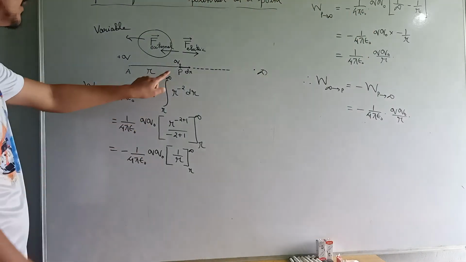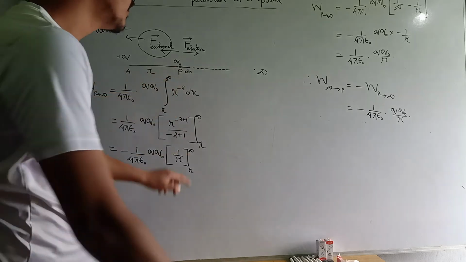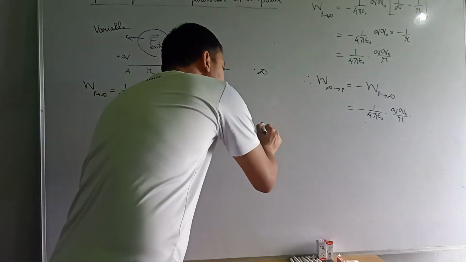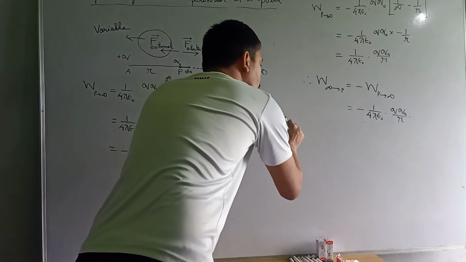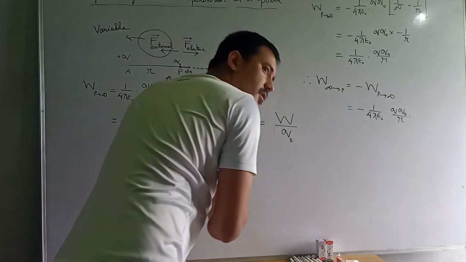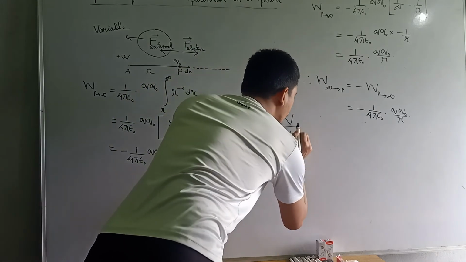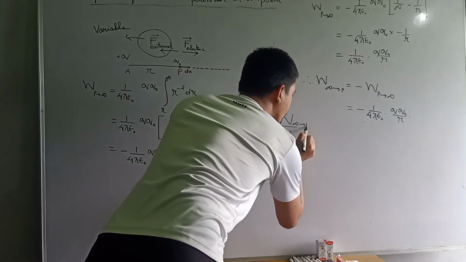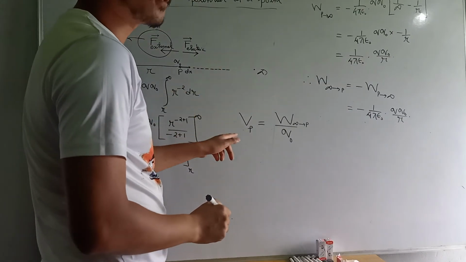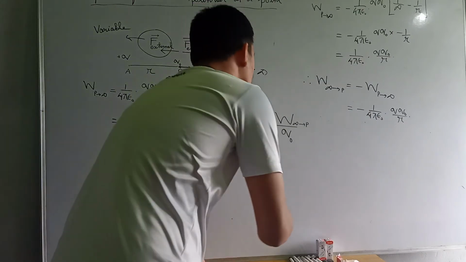Now we are finding the electric potential at P, right? So electric potential at P is defined as work done per unit charge in bringing the body from infinity to that particular point against the electrostatic force. Is it okay?